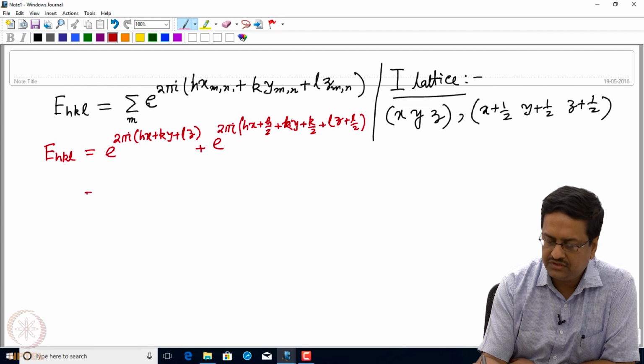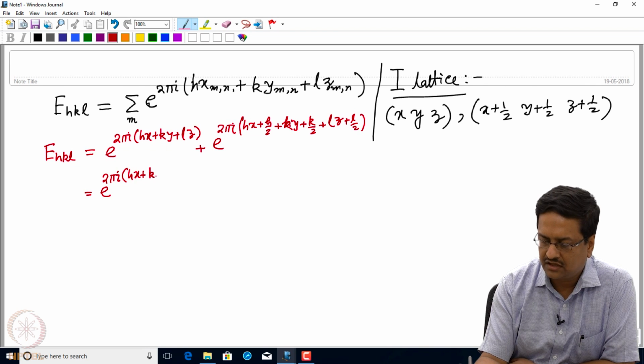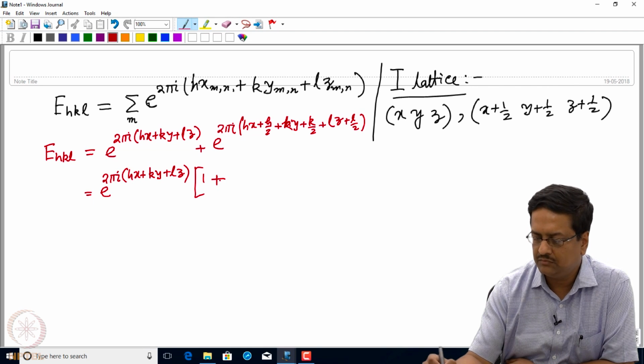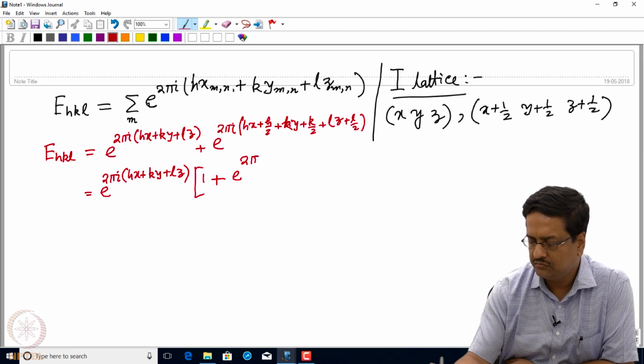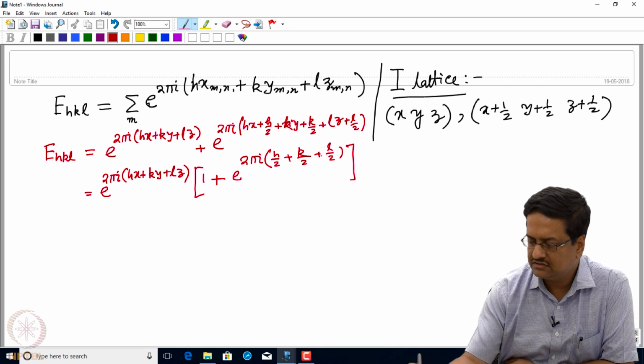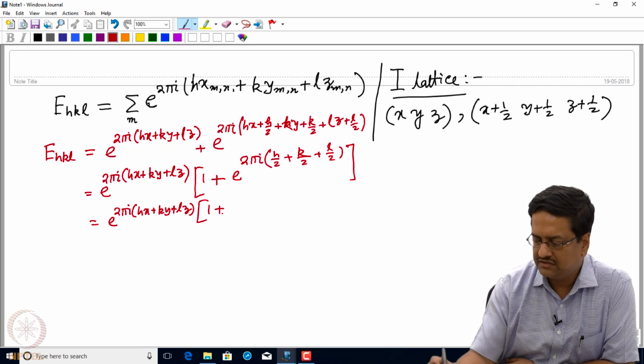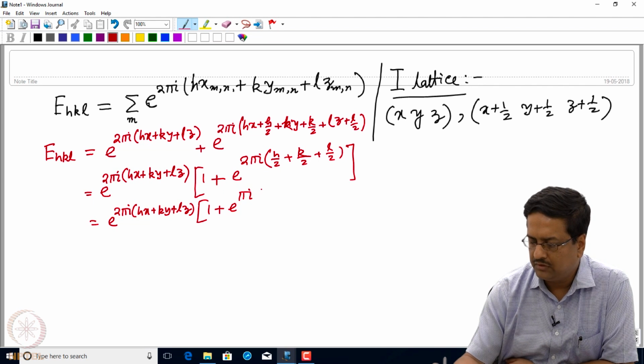So now if we take e to the power 2 pi i (hx plus ky plus lz) out, what we have is 1 plus e to the power 2 pi i (h by 2 plus k by 2 plus l by 2), which means it is equal to e to the power 2 pi i (hx plus ky plus lz) into (1 plus e to the power pi i (h plus k plus l)).